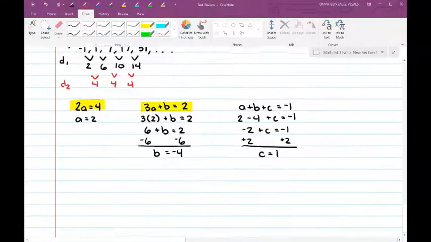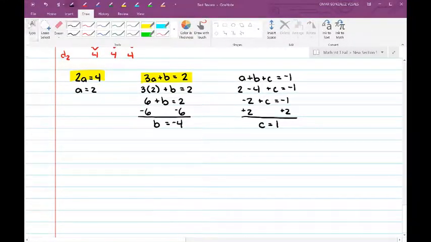So my function is going to be what? 2x squared minus 4x plus 1.